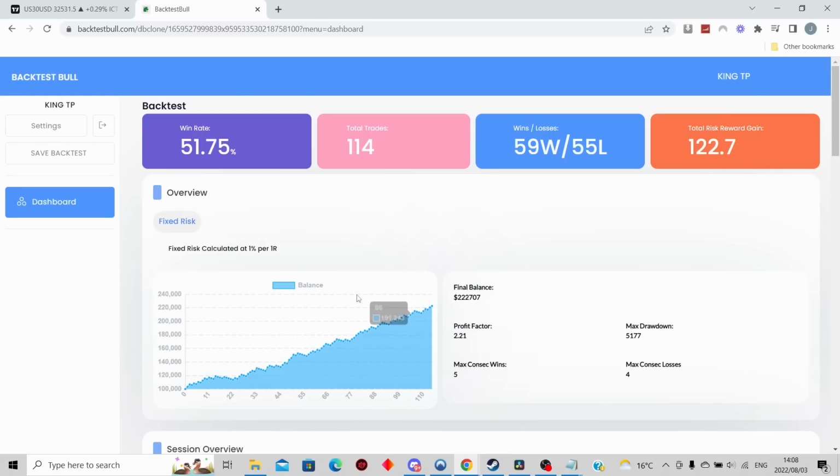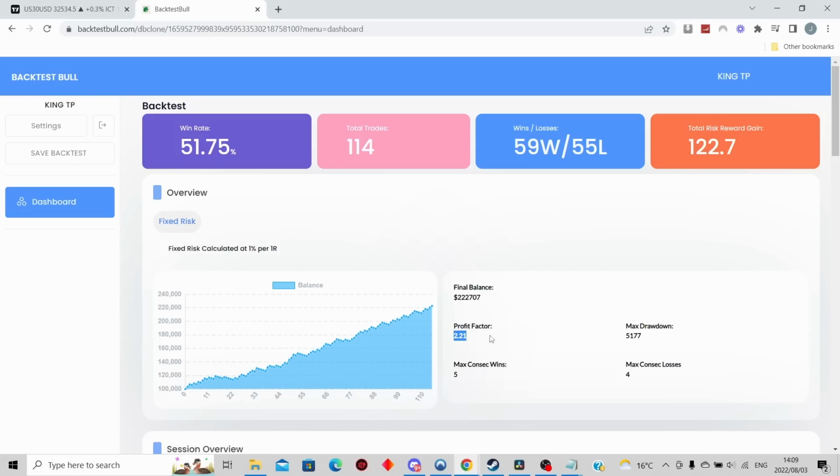What BacktestBull does when you select all, as in you want all the trades from all the charts like we did, it will put them in chronological order and tell you how many wins in a row and how many losses in a row came across all the pairs. In this case, even though we were trading over 5 pairs, we only got 4 maximum consecutive losses in a row and 5 maximum consecutive wins, which means you can risk in the realm of about 0.75% if you would like to do a funding challenge.